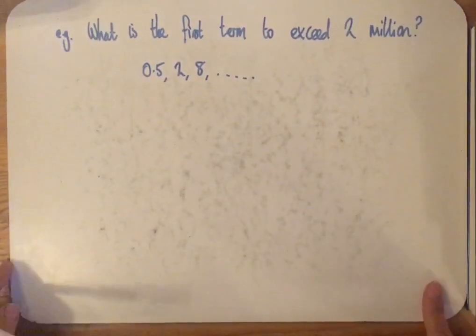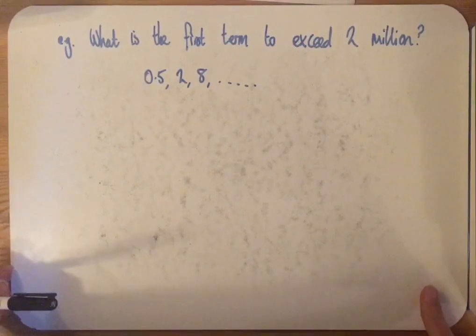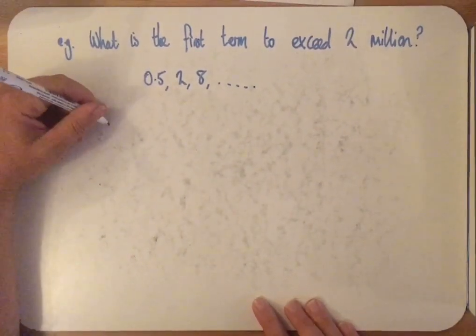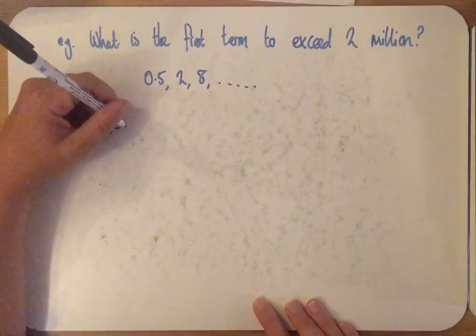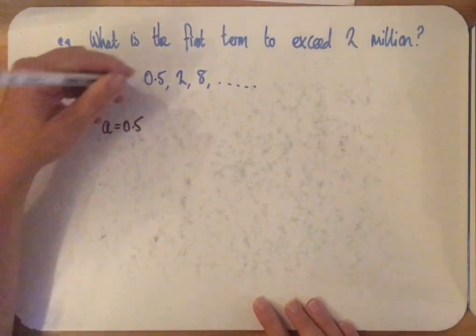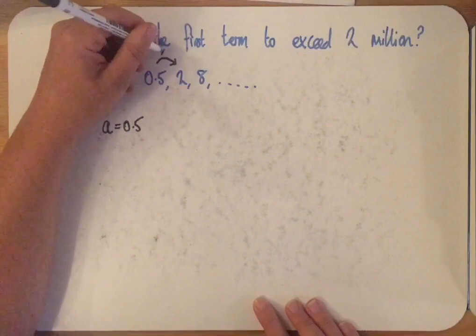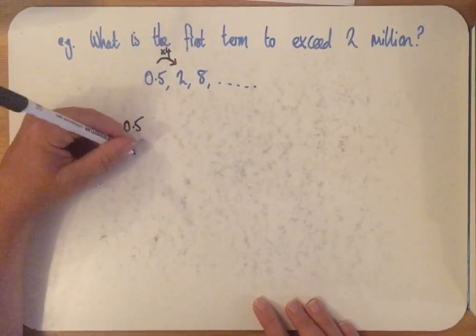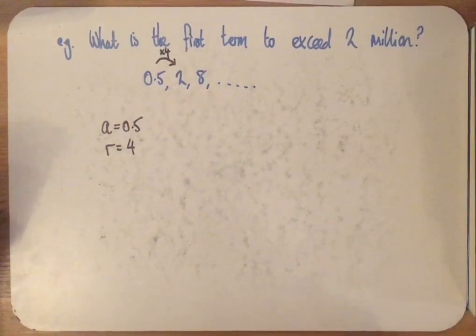Third example, I'll let you pause these if you need to. We want to find the first term to exceed 2 million in this one. So the first term is 0.5. I'm timesing by 4 to get to the next term, so r is equal to 4.